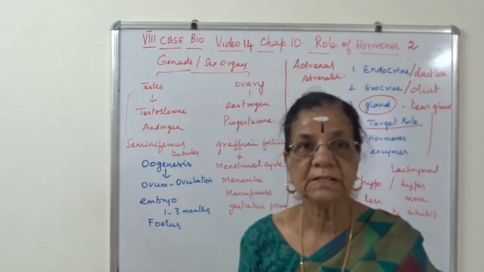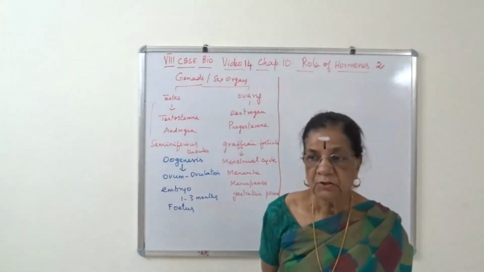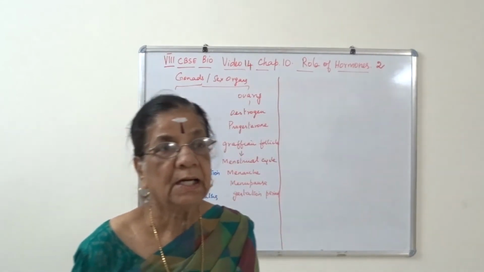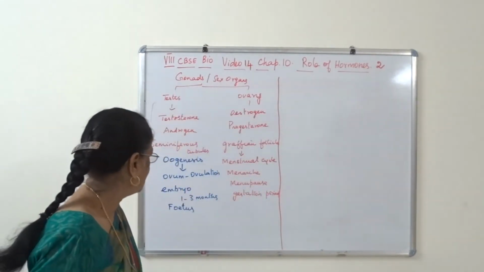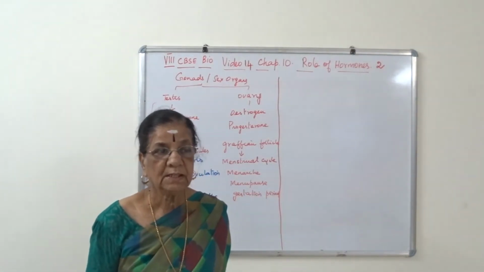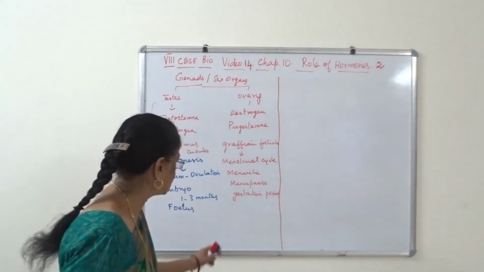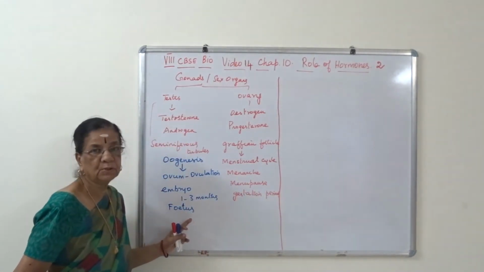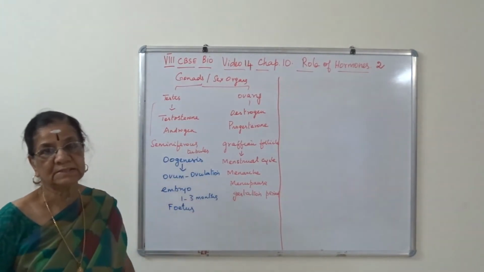Right? We'll just continue. So this fetus, when it is developing from the period of 3 months to 9 to 10 months, it is called gestation period. And developing embryo is known as fetus.